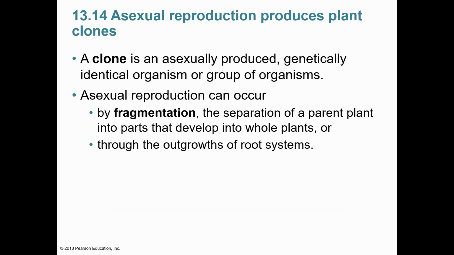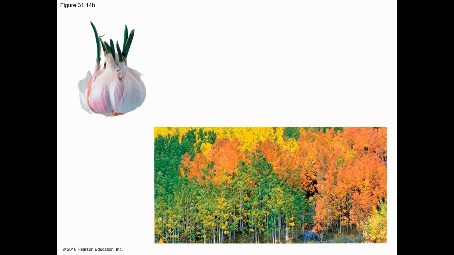And the second way asexual reproduction can occur is through the outgrowth of a root system of an existing plant. And so let's look at an example here. The first one on the top left is a garlic bulb. A garlic bulb can asexually reproduce through fragmentation.